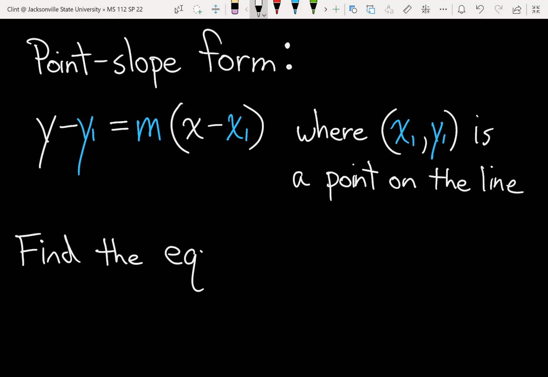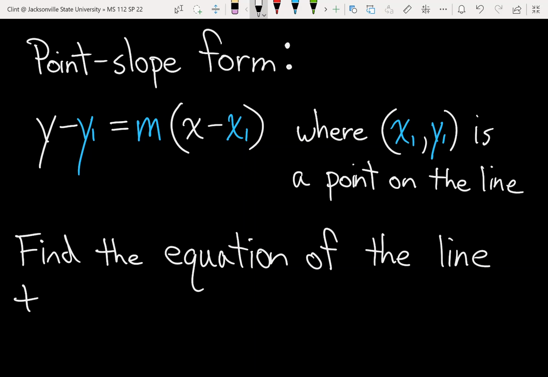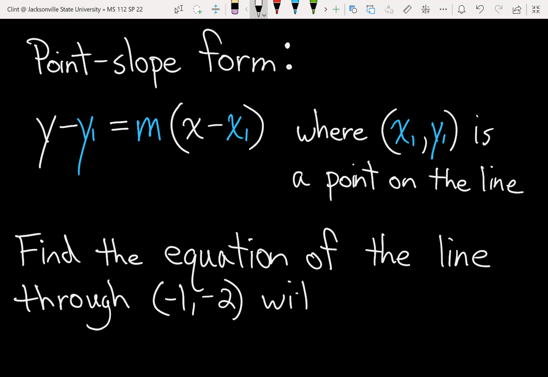I want to find the equation of the line through the point -1, -2 with the slope -5.